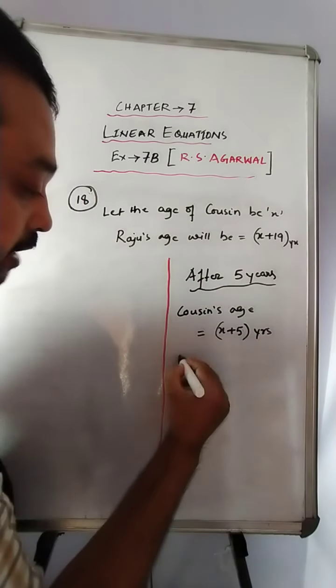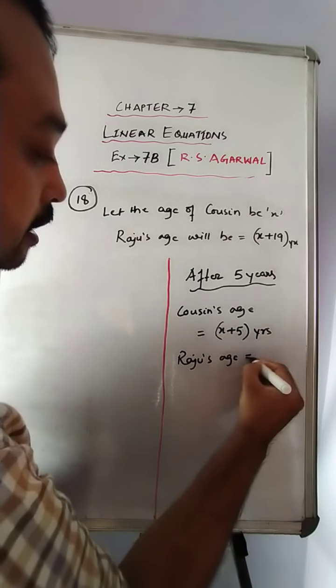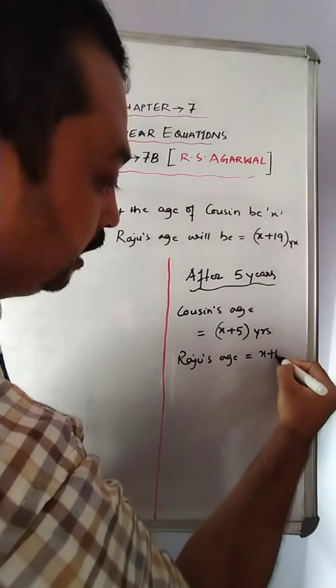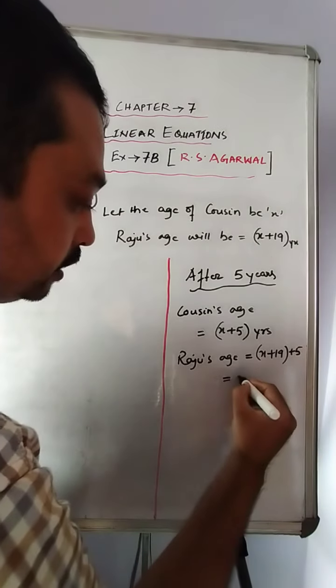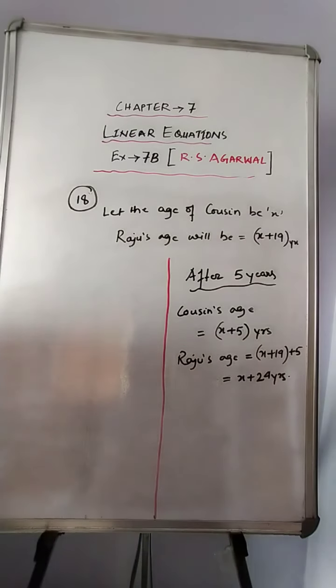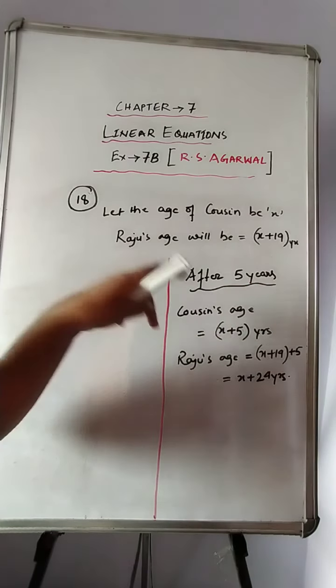And Raju's age after 5 years would be x plus 19, and we have to add 5 more to it, so that will be x plus 24 years. So this is the age of the cousin and Raju after 5 years.